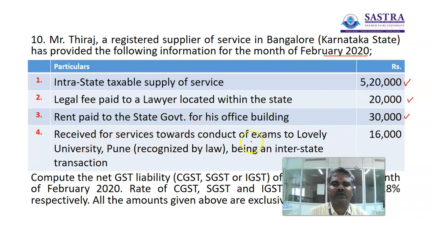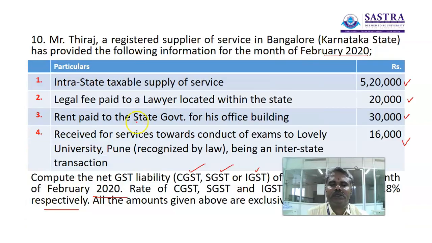Received for services towards conducting exam at Lovely University in Ratnagiri, being an interstate transaction. Compute the net GST payable, both CGST, SGST, IGST, of Mr. Viraj for the month of February 2020. Rate of CGST, SGST, IGST are 9, 9, 9. All the amounts given above are exclusive of taxes, not inclusive of taxes. Okay? Exclusive of taxes. Hereafter we have to charge tax.